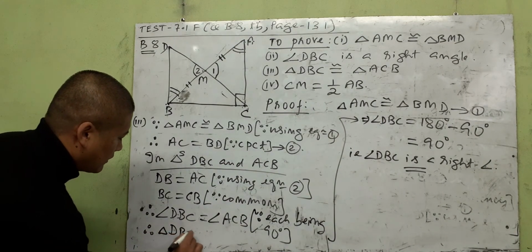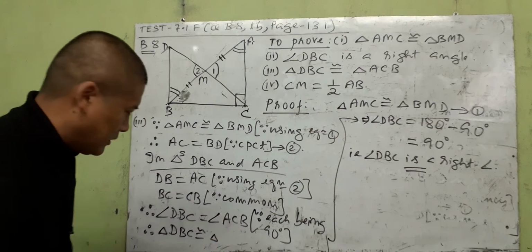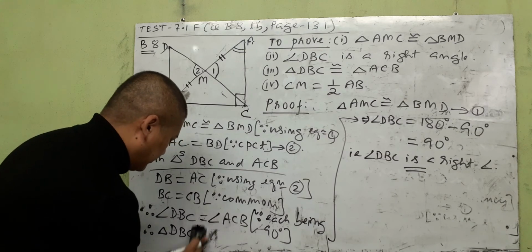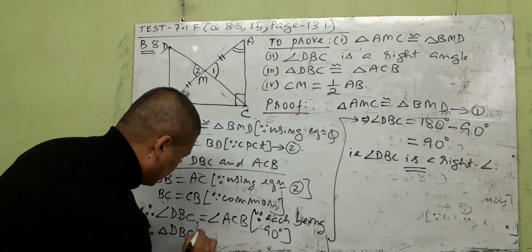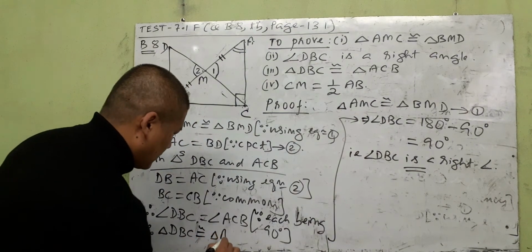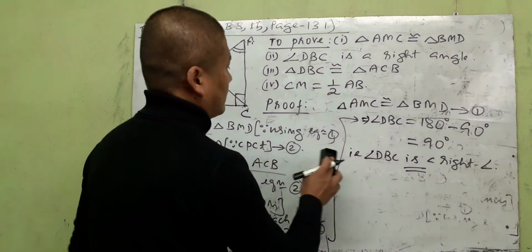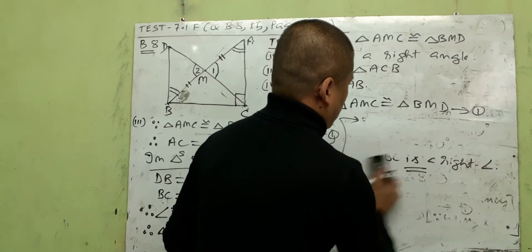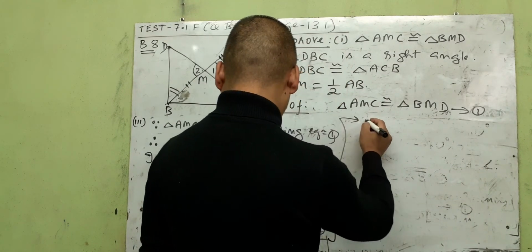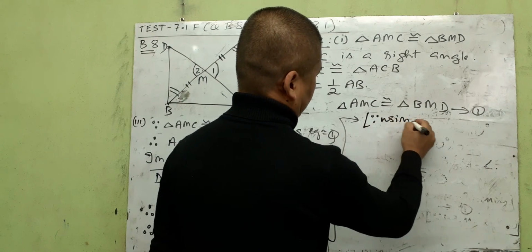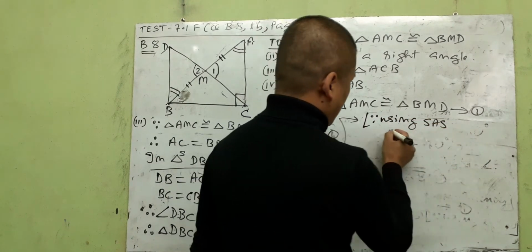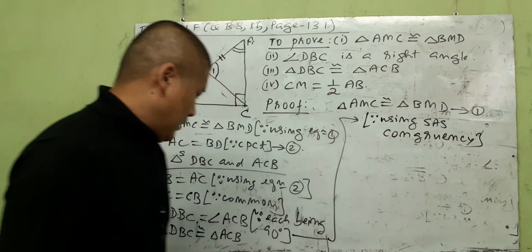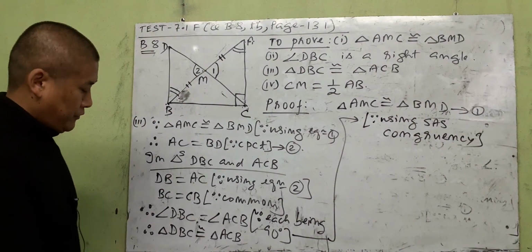Triangle DBC is congruent to triangle SCB by the SAS congruency condition. So these two triangles are congruent. So that is proved now.